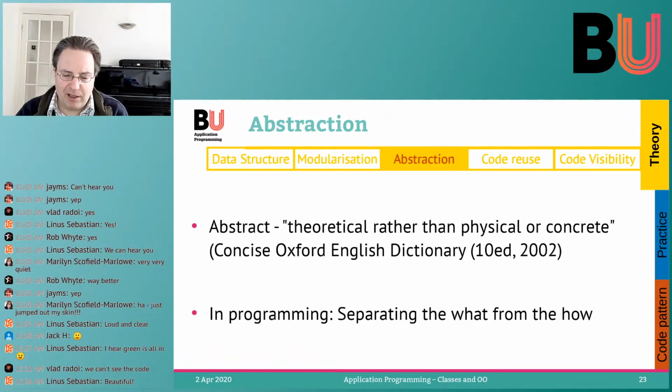And in programming, that means that we are going to have something where we say, okay, this is the way you can use it. This is the interface. This is what I give you to do. But we don't tell you necessarily how it is implemented.